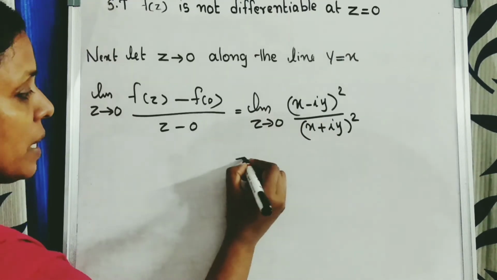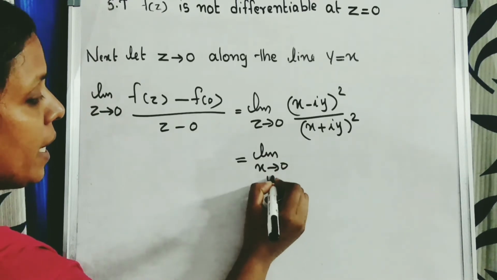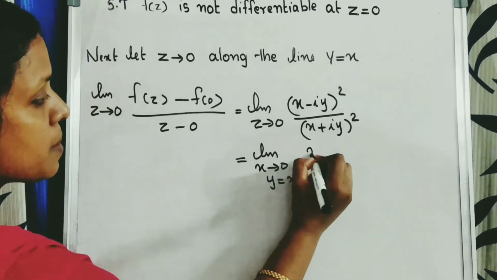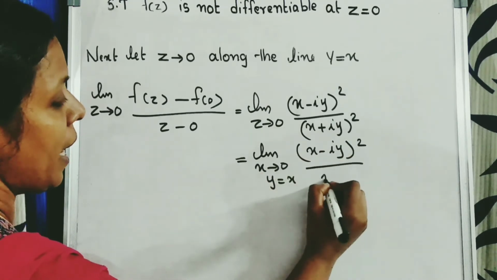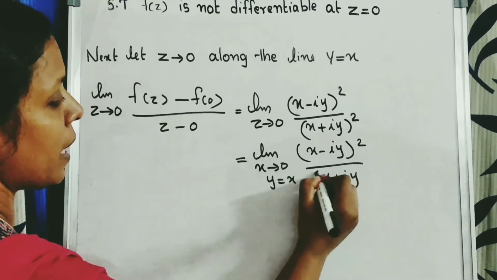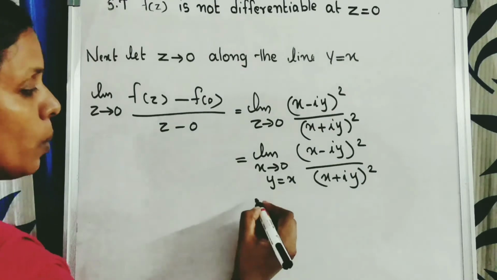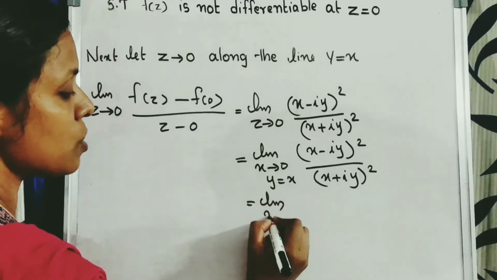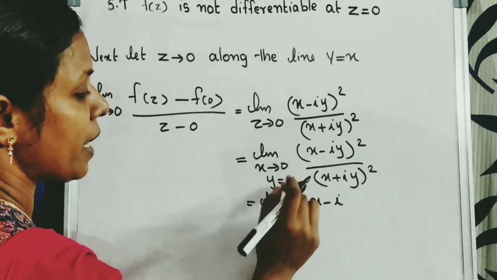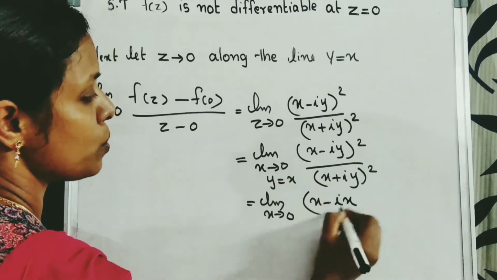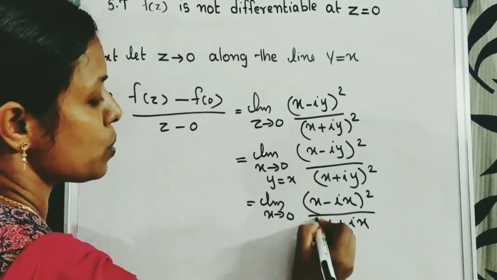That is equal to, we can write, limit x tends to 0, y equal to x, (x minus iy) whole square divided by (x plus iy) whole square. Putting the value y equal to x in this function, we get limit x tends to 0, (x minus ix) whole square divided by (x plus ix) whole square.